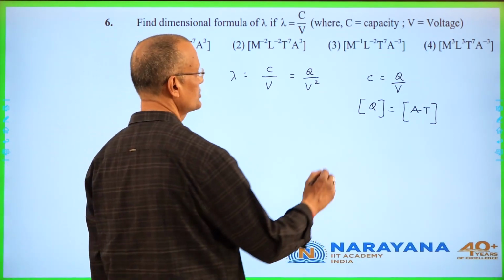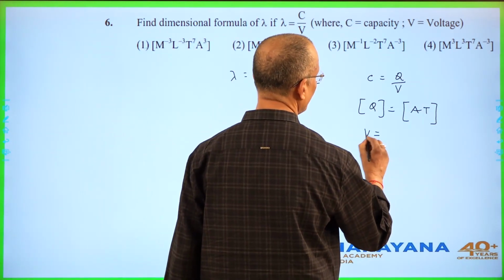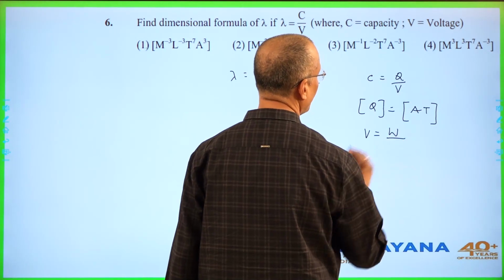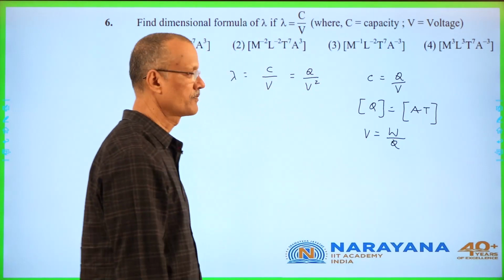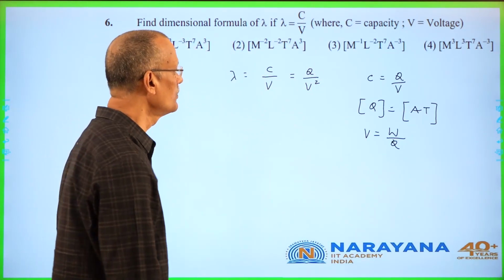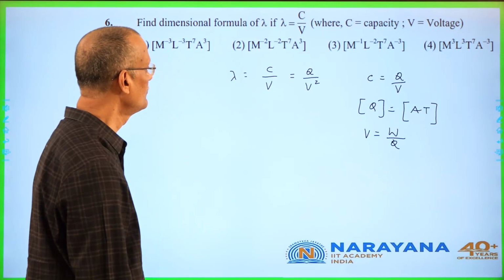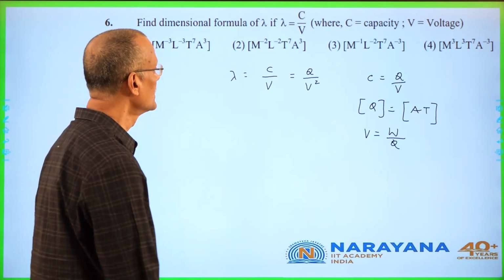Work done per unit charge. So, I will go for W by per unit charge, means W by Q. V is W by Q, very interesting.